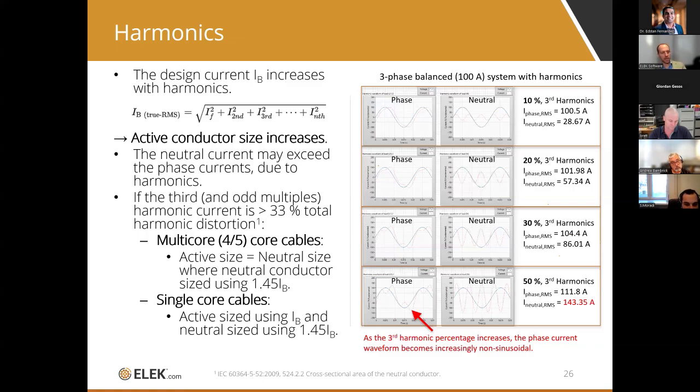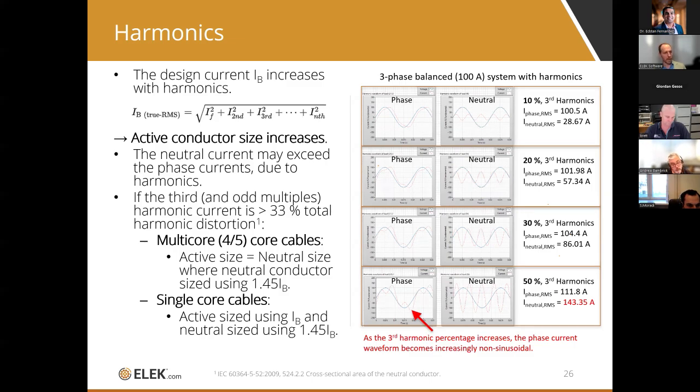As we go down, as we increase the level of harmonics in the circuit, we can see right down at 50% harmonics, the neutral current actually exceeds the current in the phase conductor. And this obviously poses problems.